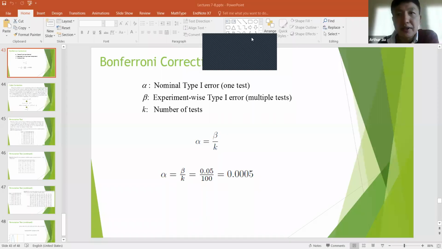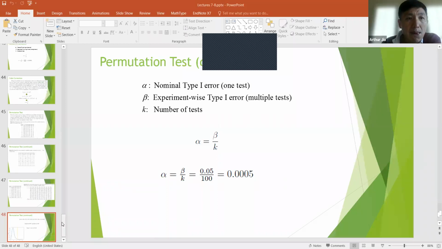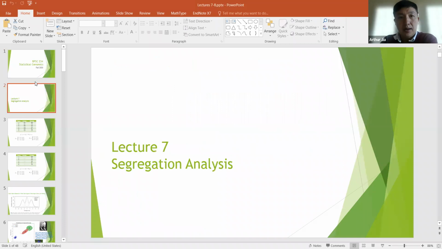And finally, chapter 7 and 8, sorry. Chapter 7 is segregation analysis.